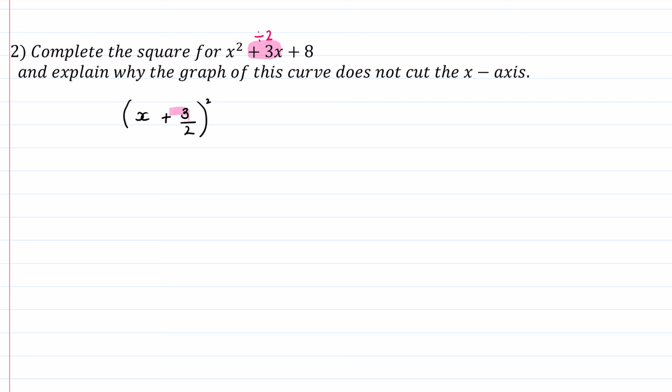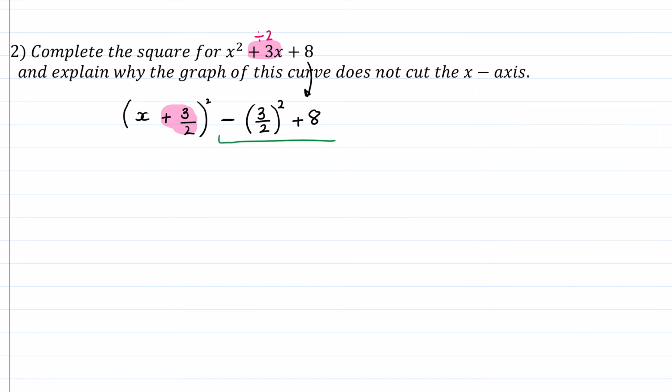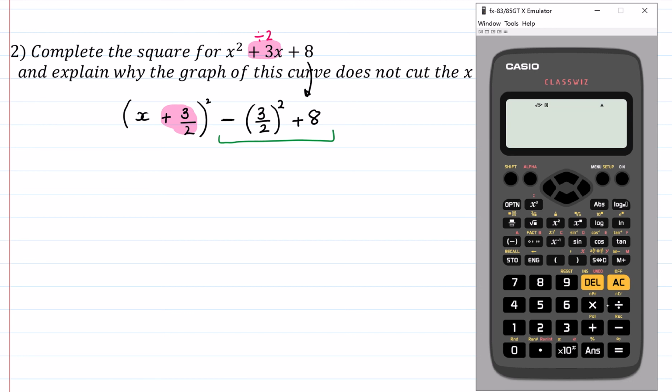And then remember, this number has to be subtracted, so it has to be a minus, and it has to be squared. And then I bring that plus 8 down. And you get your calculator and you type it. You type this section, because you need to simplify it exactly as you see it.